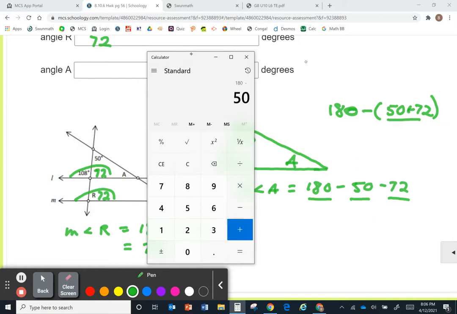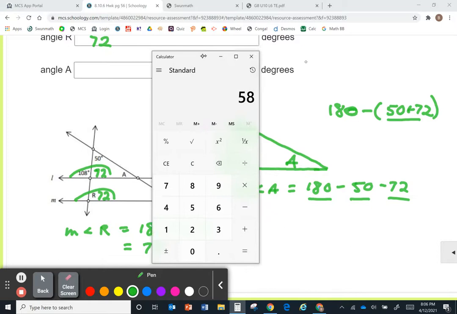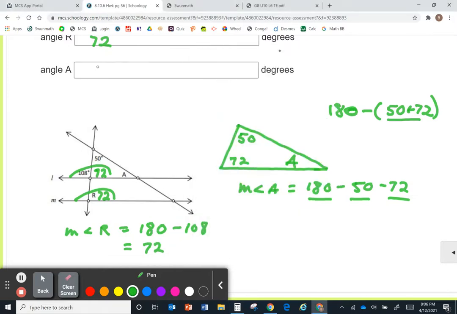Minus 50, minus 72. 58. Okay, angle A is 58. The measure of angle A is 58 degrees. Okay, and then double check yourself.